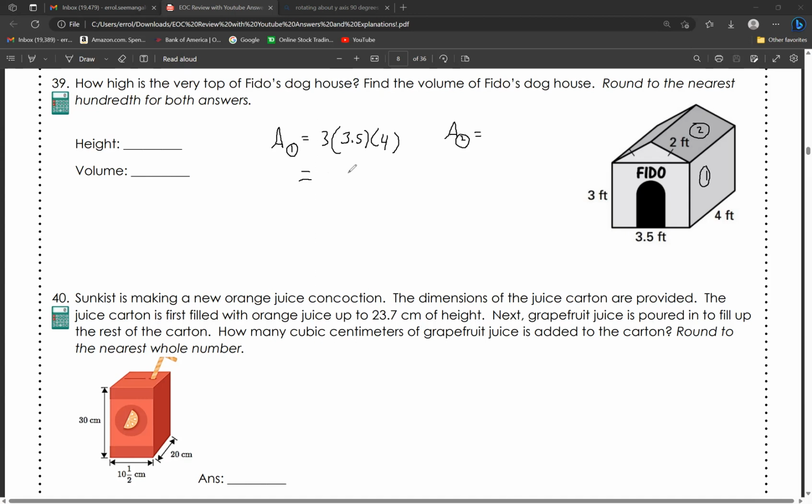Is that 42 feet? Sorry, I said area, but I meant volume. So what's the volume of shape 1? What's the volume of shape 2? Volume of shape 1 is 42, if I did that right. Is that right?